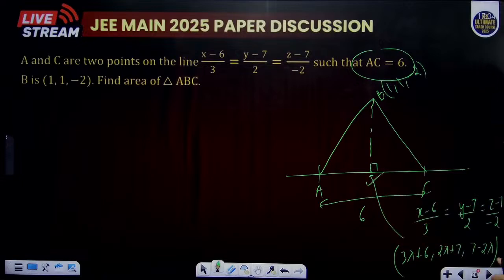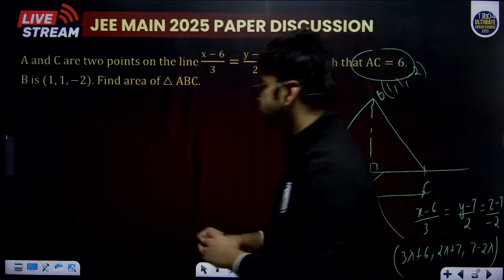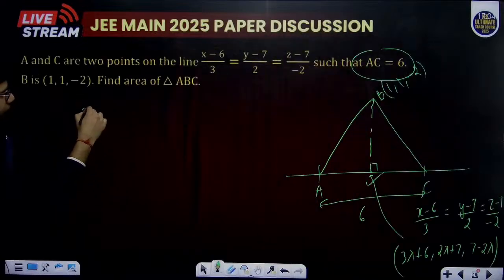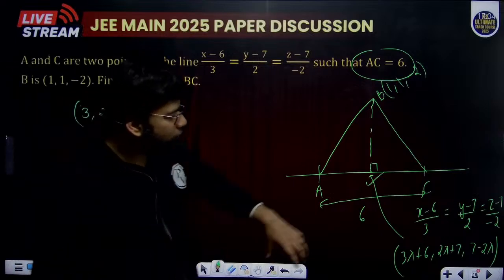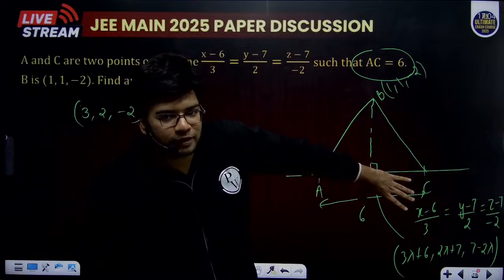Now, since these two lines are perpendicular, the dot product of their direction ratios is equal to 0. So what is the parallel vector of this line? 3, 2, minus 2. This is the direction ratio of this line.